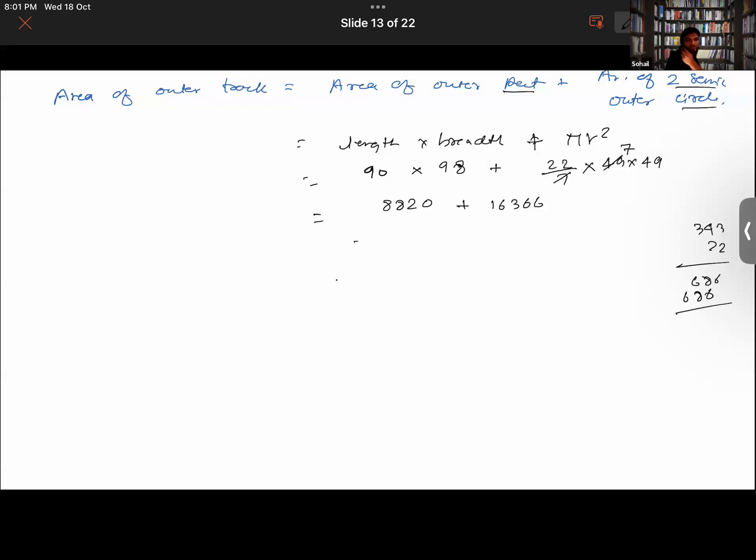Length into breadth, that is 90 into 98, we have done that here. 22 upon 7 into 49 into 49 will be 7,546.